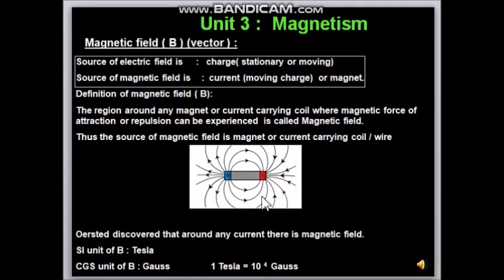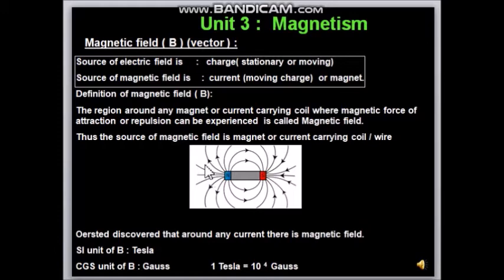How to draw magnetic field lines? I think you remember that we assume a North Pole near the magnet. So suppose I am keeping the North Pole. Using the properties of attraction and repulsion, we draw the field lines.